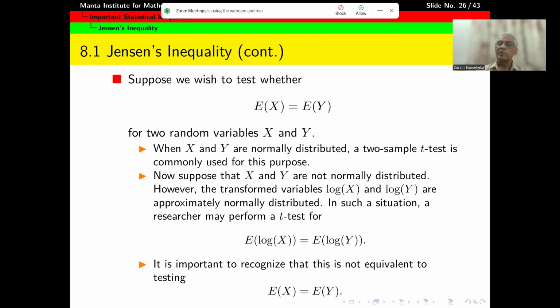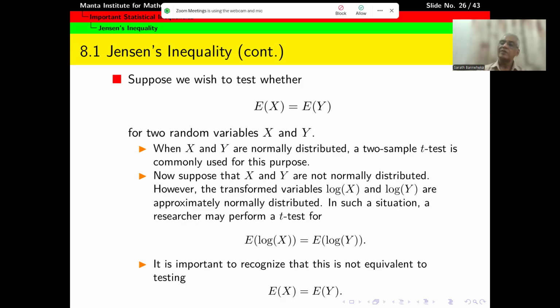And therefore, instead of testing the original hypothesis, because now log of x is approximately normal and log of y is approximately normal, they can test whether expected value of log of x is equal to expected value of log of y, using again a two sample t-test. So instead of the original, they test this hypothesis using the two sample test.